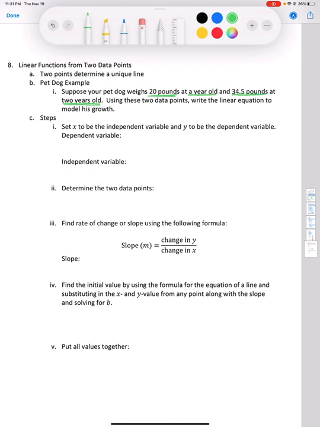The dependent variable is one that depends on another. Okay. Now our possible choices are pounds the dog weighs and years that the dog is alive. So which one depends on the other? Well, it turns out that the pounds depend on the years. Okay. So I'm going to label this here pounds is my dependent variable.